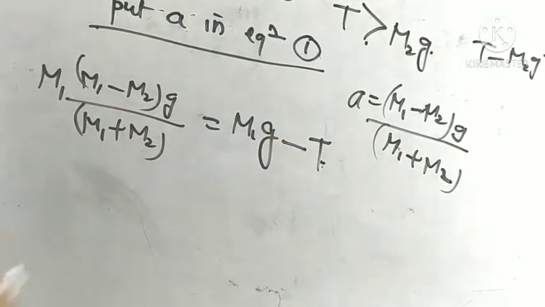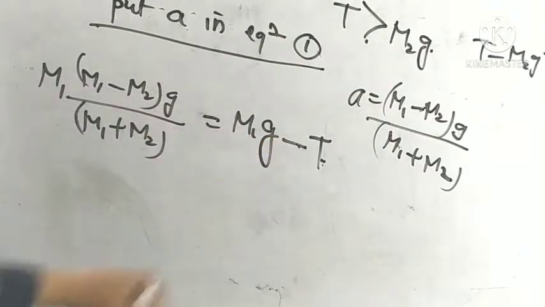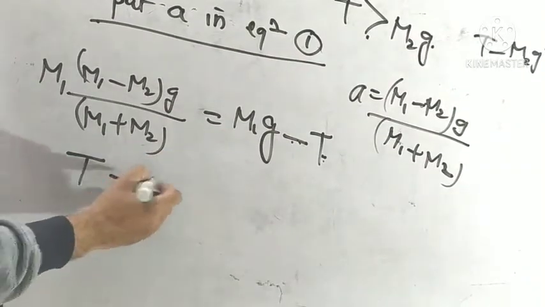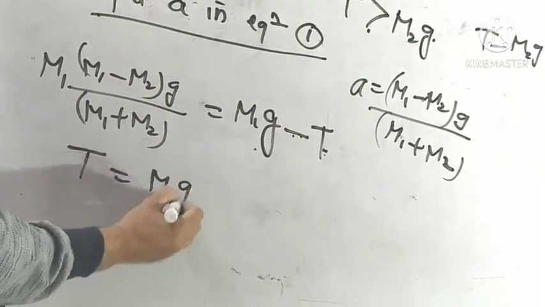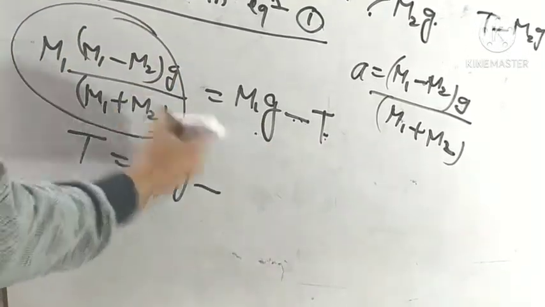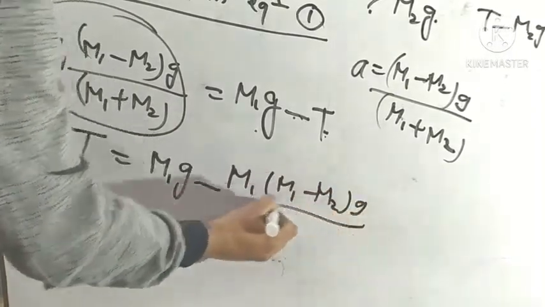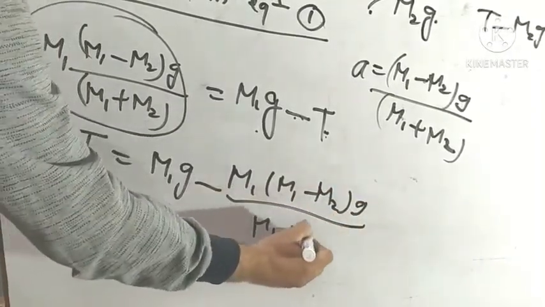We take T on the left hand side, then its sign changes from negative to positive, and m1g, and we take this term to the right hand side, (m1 minus m2) g upon (m1 plus m2).